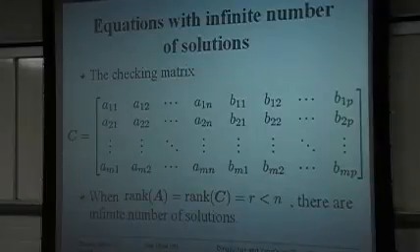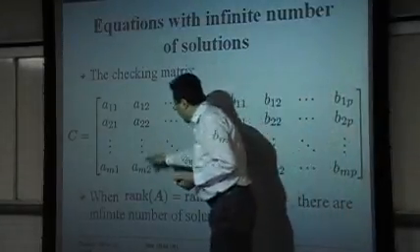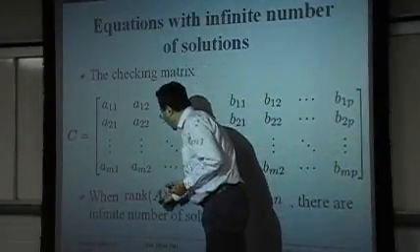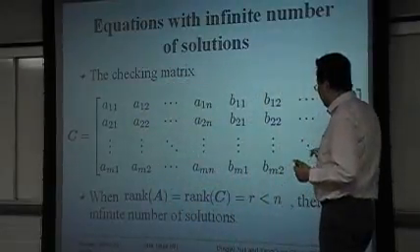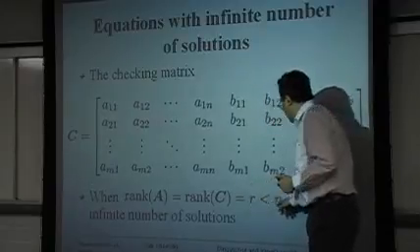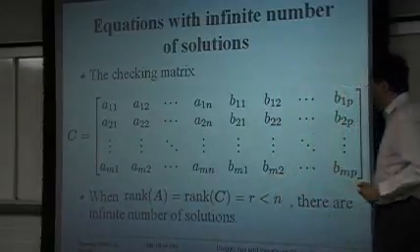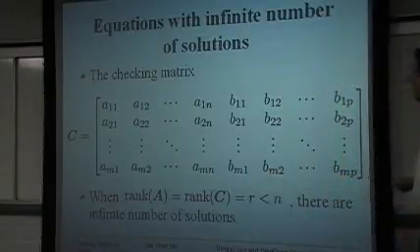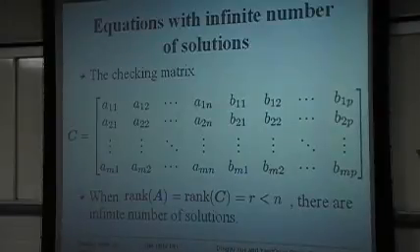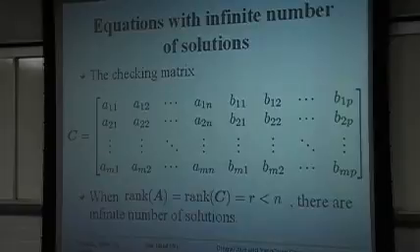So, if we have already constructed the C matrix, and if the rank of A equals the rank of C, and they are both smaller than the number of unknown elements, then we say that this equation has an infinite number of solutions. So the question now is how to find the infinite number of solutions.